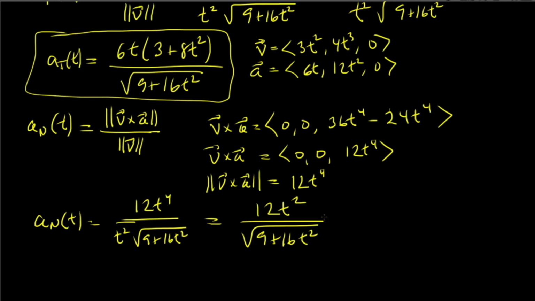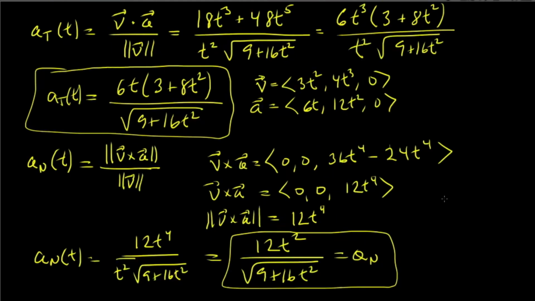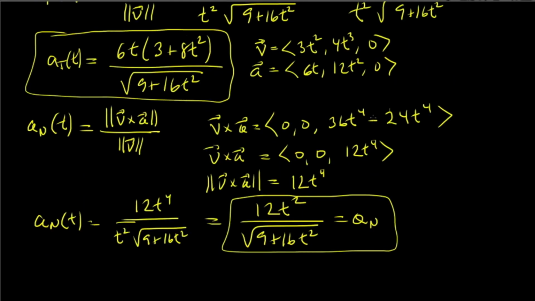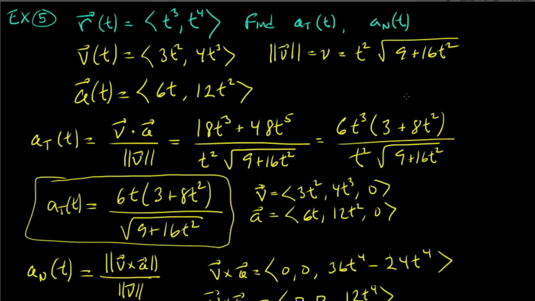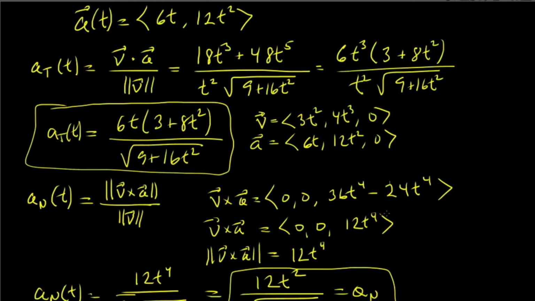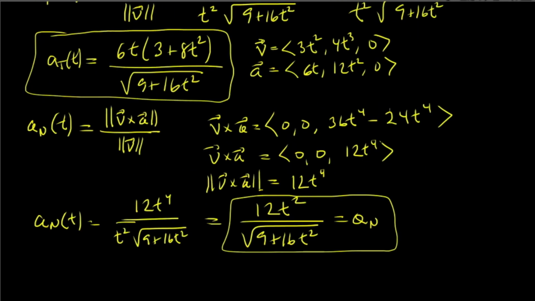And so that is our normal acceleration. Of course, the other way, probably a more complicated way, would be to take the magnitude of the acceleration, square it, and then subtract the square of the tangential acceleration. That should get you the same thing.